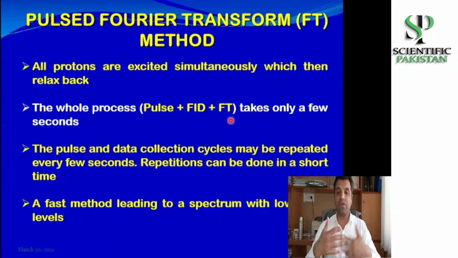So as you increase the number of scans, the noise increases only by a factor of the square root of n, and that is why you get a very good NMR spectrum. So it's a fast method with low noise and a good NMR spectrum, and that is why it has replaced the continuous wave NMR spectrophotometers. So this is how you transfer the energy.